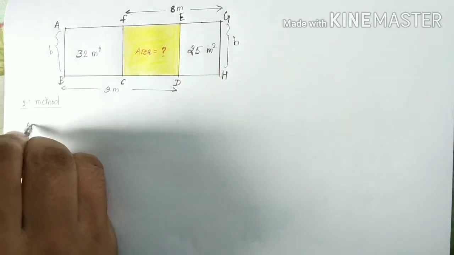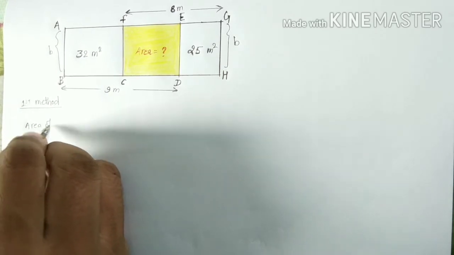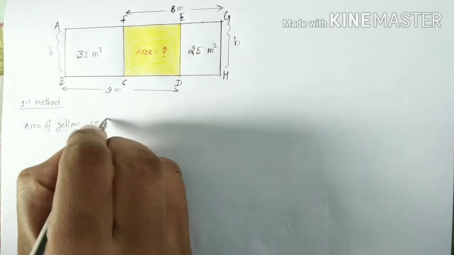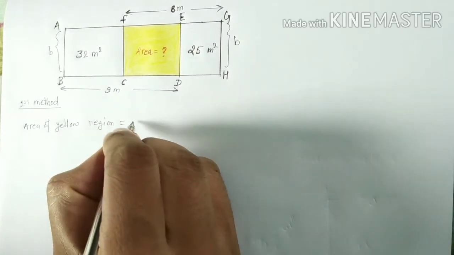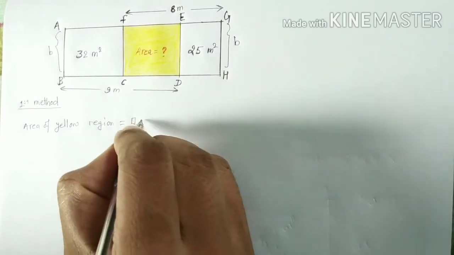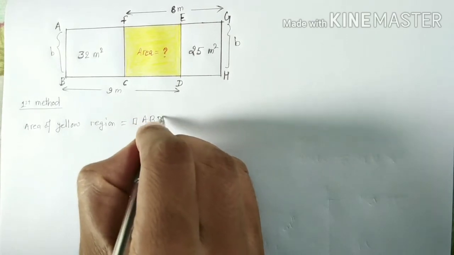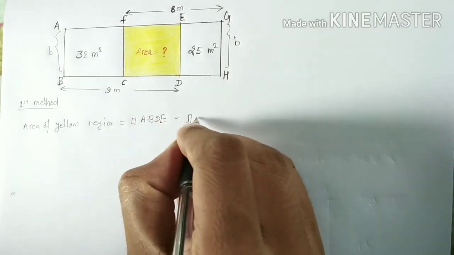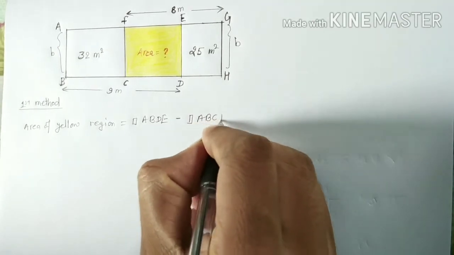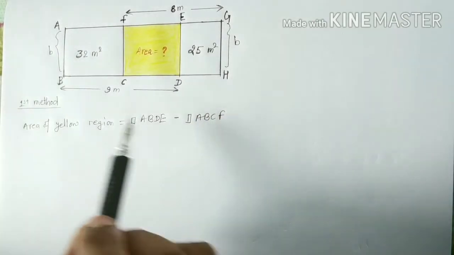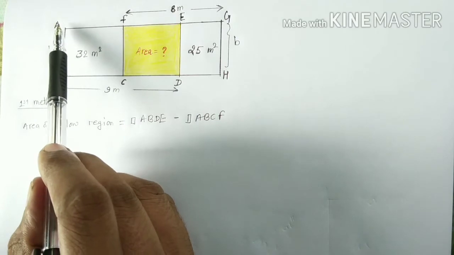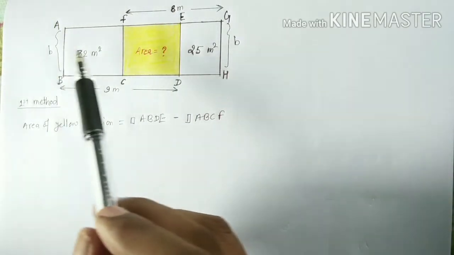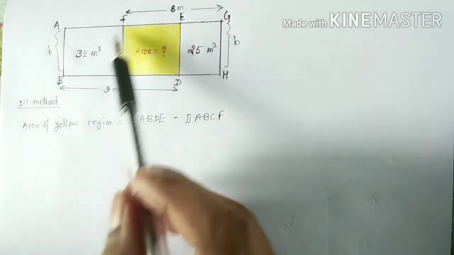So area of yellow region is equal to area of quadrilateral ABDE minus area of quadrilateral ABCF.